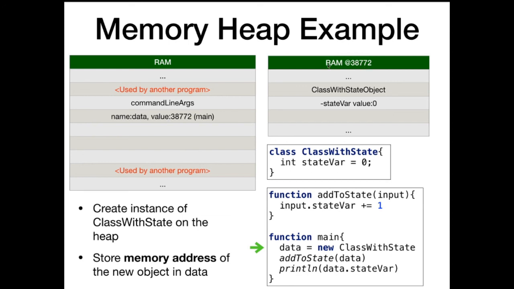We don't know where, we don't care where, but we're going to get a reference to that location. And when I store that value in a variable named data, what that variable actually stores is only the reference to that object. This is effectively instructions of where it can actually find that object. It is not the object itself.